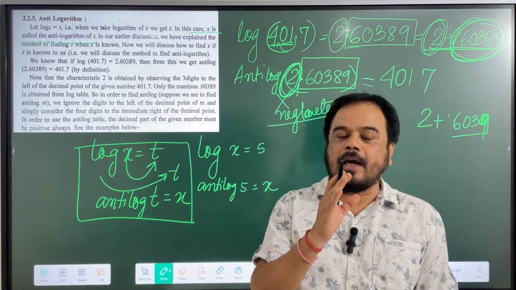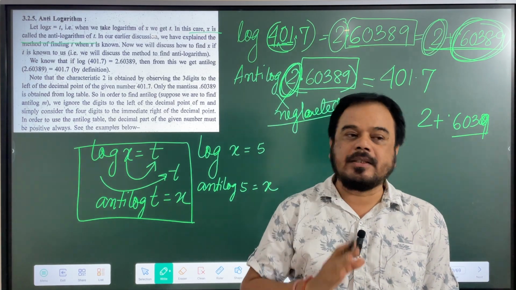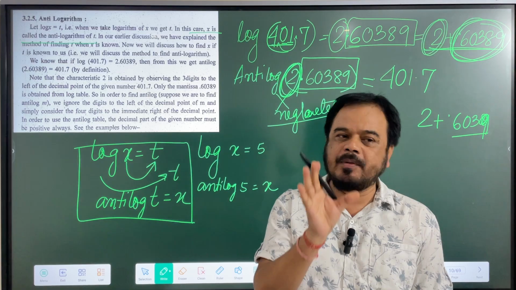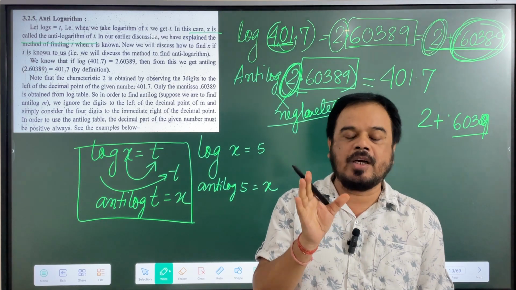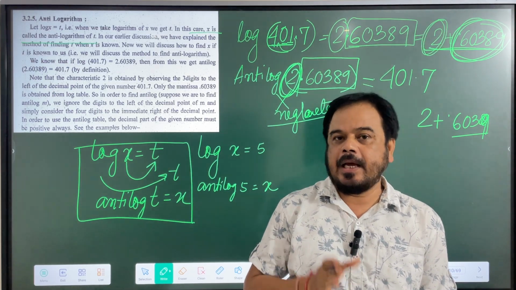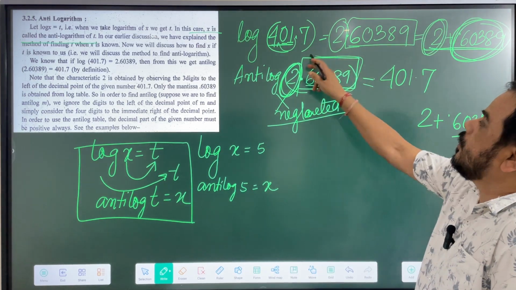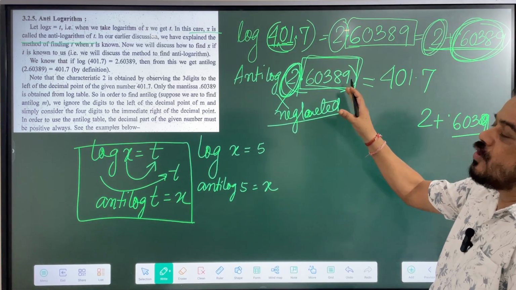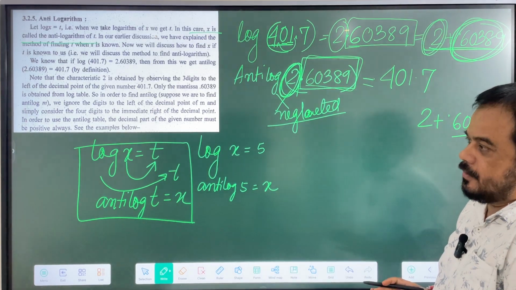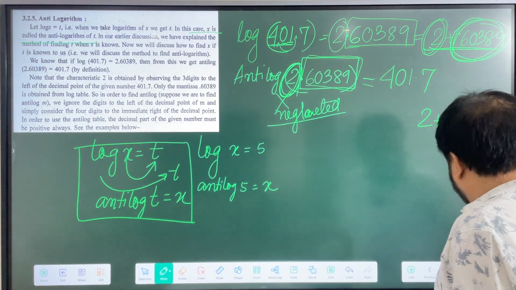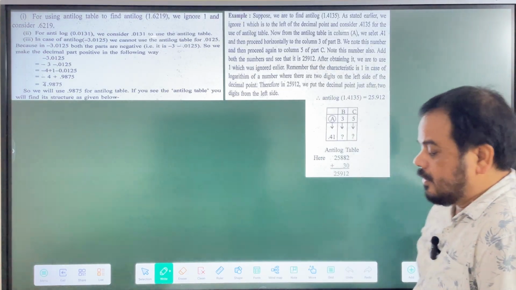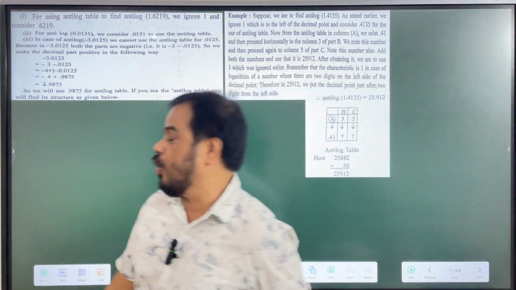So anti-log is related to the mantissa, remember. Whatever digits are after the decimal are related to the anti-log table. The anti-log table is related to the mantissa, this part, 0.60389. Examples are given below, and I will show you with the help of the anti-log table.